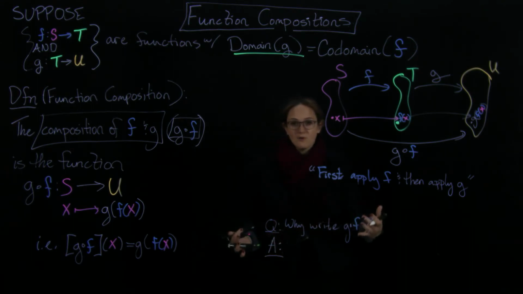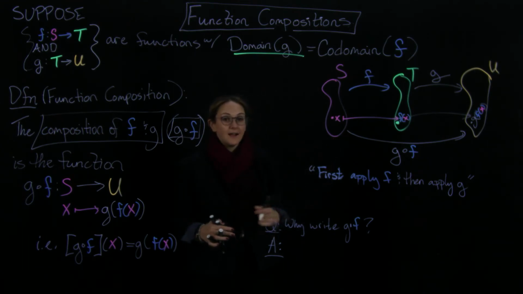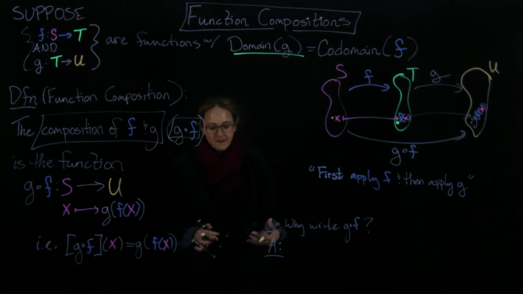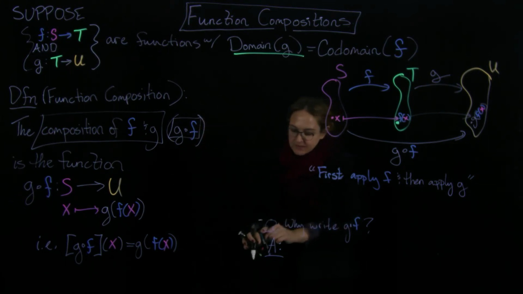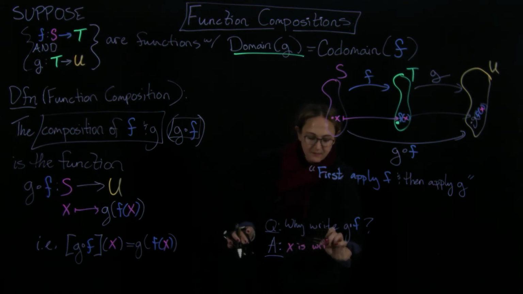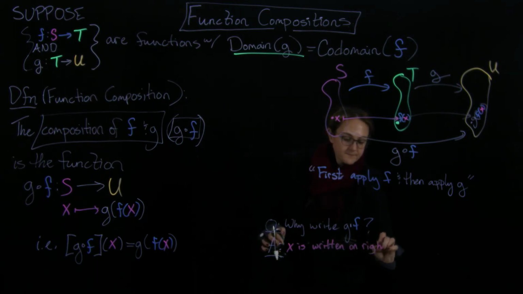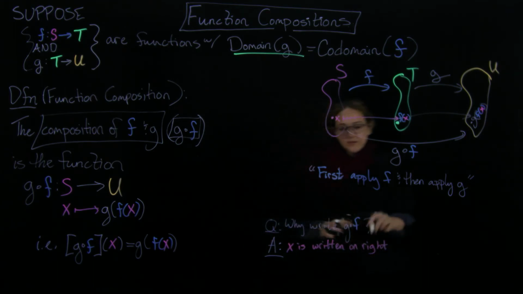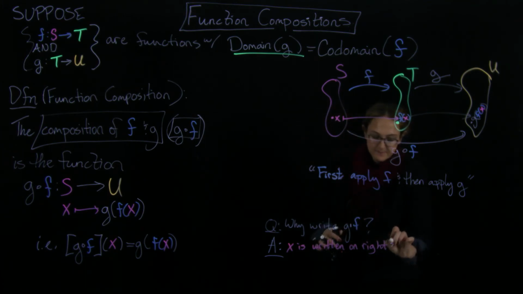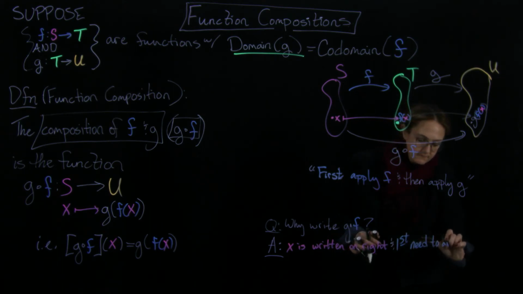I don't know exactly the history behind this, but I know why it makes sense to me, which is that x is written on the right, and you first need to apply f and then g.